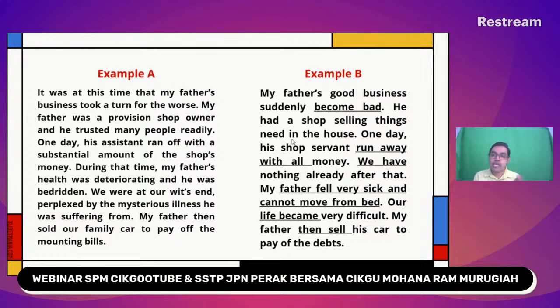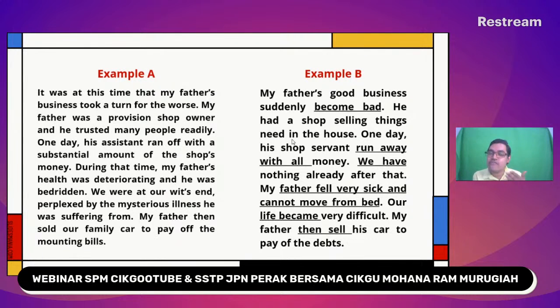So if you see example A, this is an example of a paragraph that is well written, with good use of vocabulary and phrases. The sentences are properly structured. Instead of saying a lot of money, substantial amount of money.